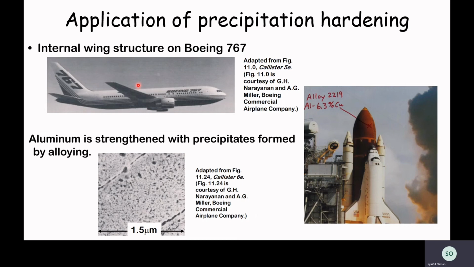Other than that, we have aluminum alloy 2219, an age-hardenable alloy produced with a copper additive. Aluminum alloy 2219 consists of aluminum and 6.3% copper. It is well known for its excellent structural strength and is used for many applications, especially high temperature applications.